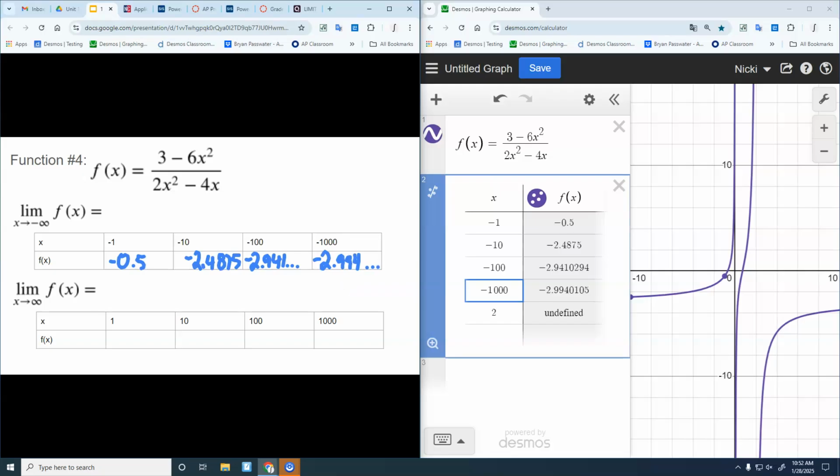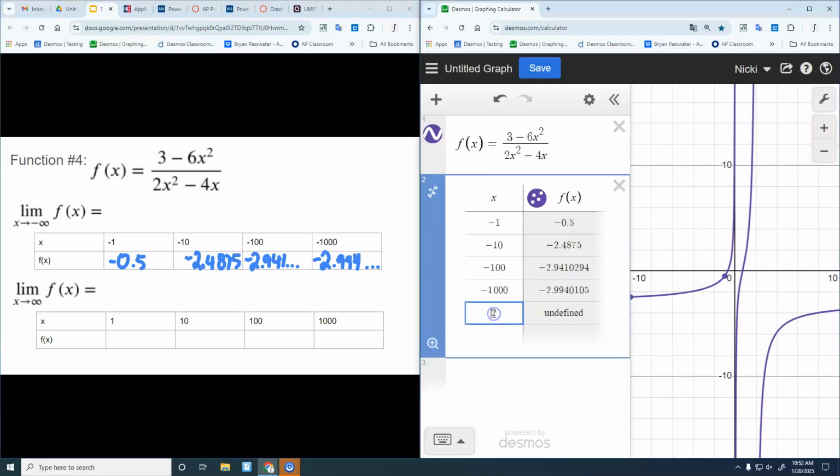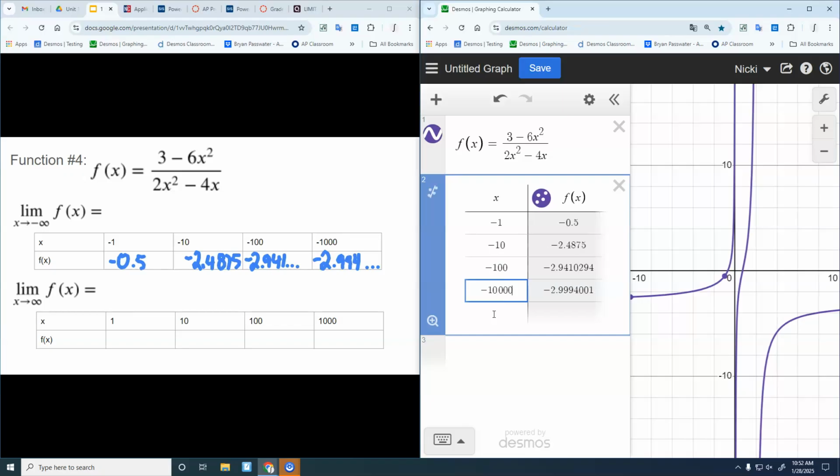What does it look like we're getting closer to? Looks like it's probably -3. If you're unsure, you could put in some bigger negative numbers, like negative 10,000. Every time I add a 0, I just get more 9s, right? Looks like it's getting closer to -3.